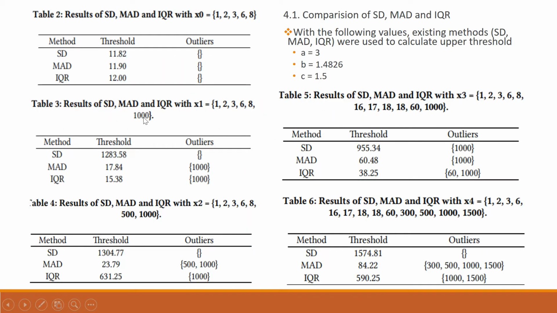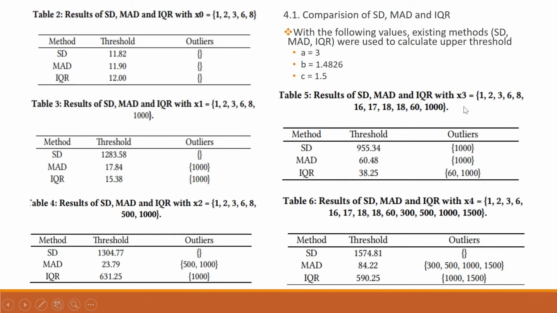Now for X1, we have one outlier, but SD didn't detect any, while MAD and IQR methods detected the one outlier. For X2, we had two outliers, 500 and 1000. SD couldn't detect any, MAD detected both of them, IQR detected only one.